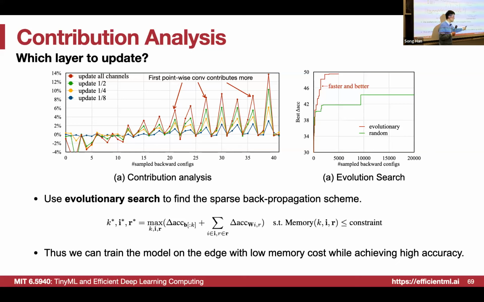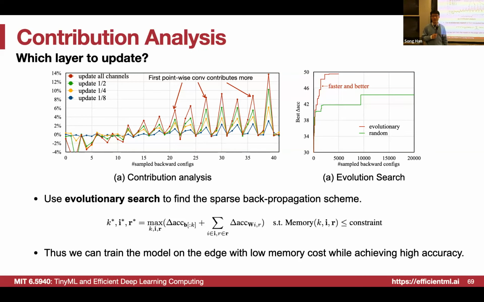With k layers of bias only update, and fine-tuning the ith layer with ratio R, the memory consumption should be smaller than a given constraint. If you increase k, certainly you have better accuracy, but you have larger memory as well, similarly for i and R. So you have to satisfy this constraint.